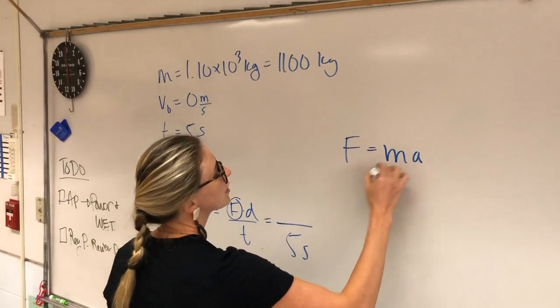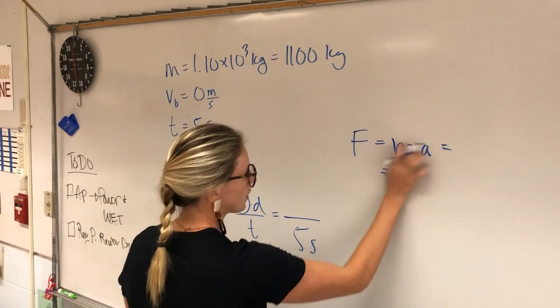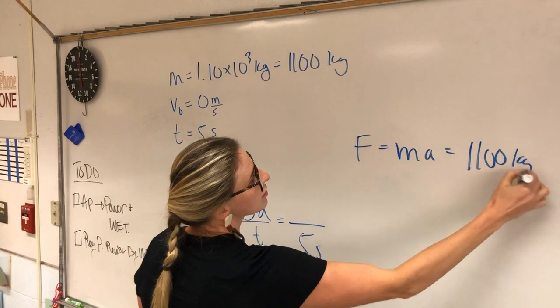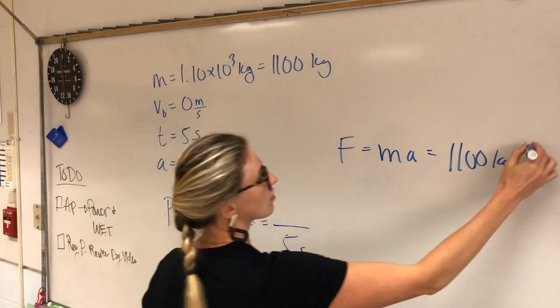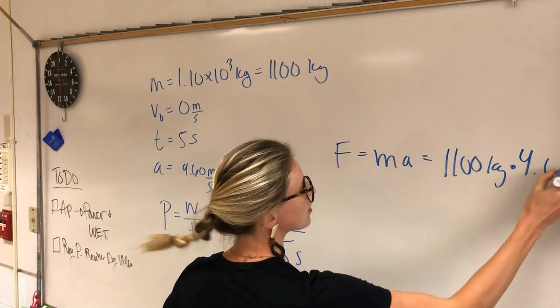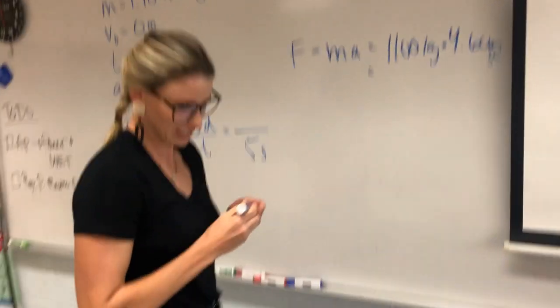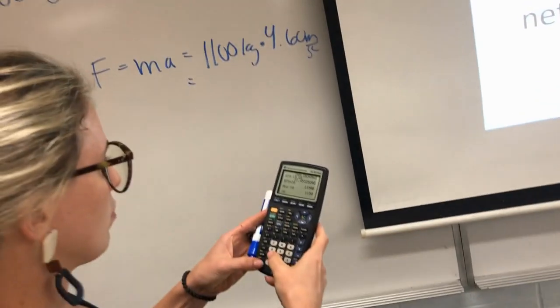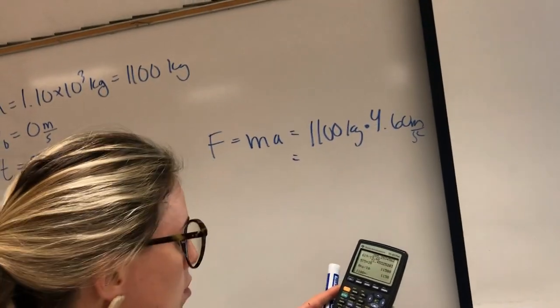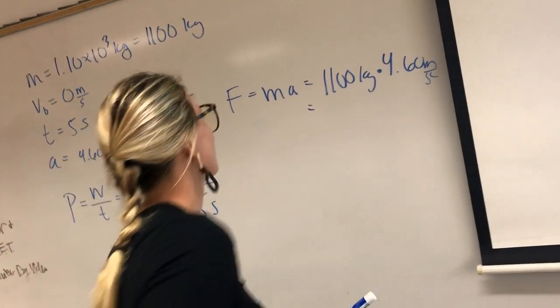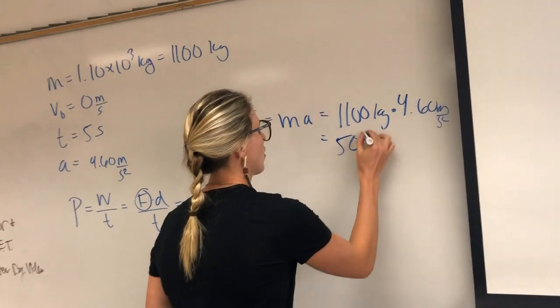So 1100 kilograms times 4.60 meters per second squared. 1100 times 4.6 is 5060. So now we've got the force.